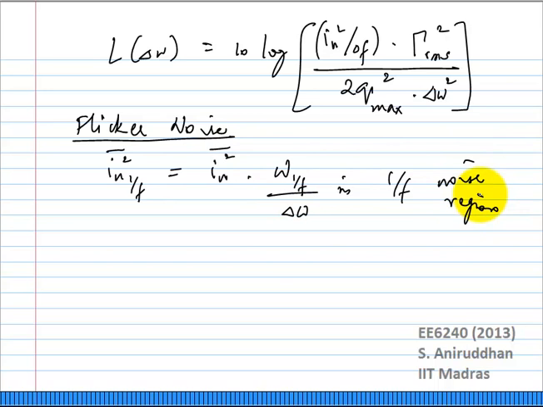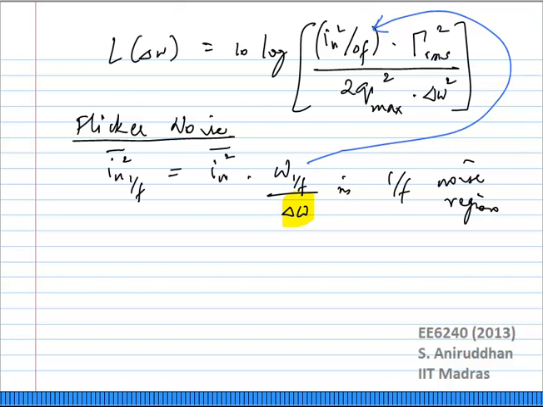Okay, the minute you do this, now you can go back and fit in this guy, instead of your In squared by delta f, to get your 1 over f cubed region, because you can see you get an extra delta omega here.